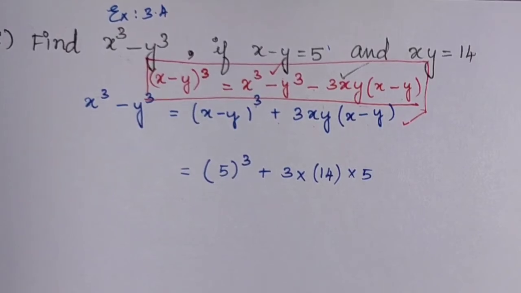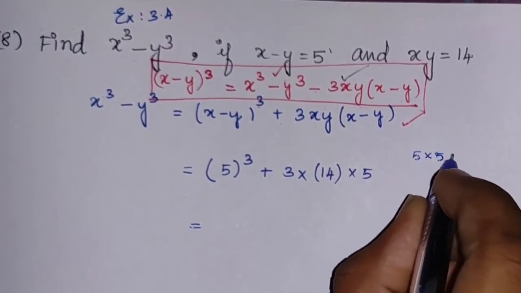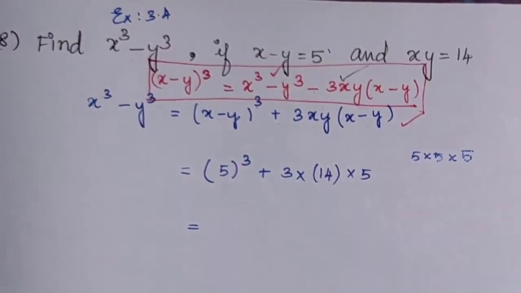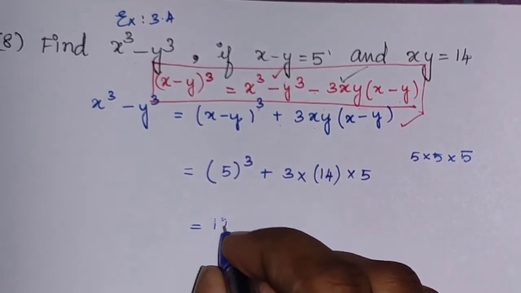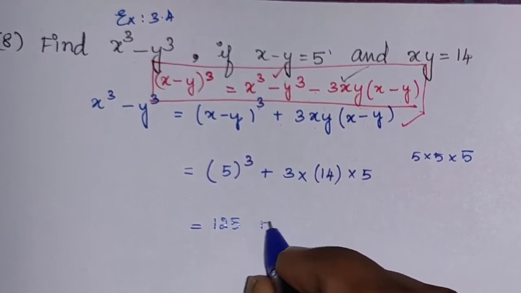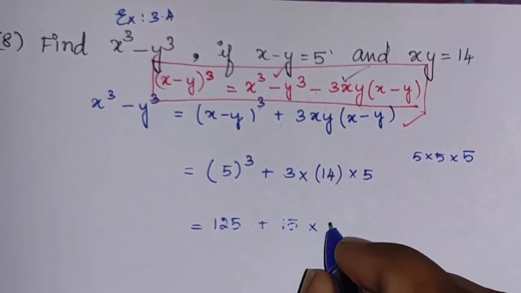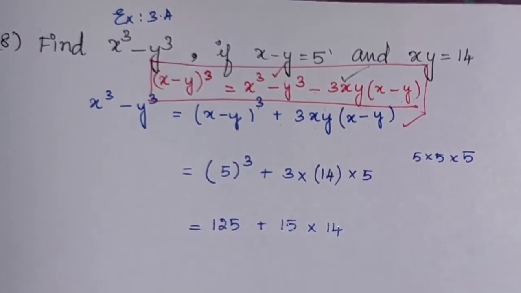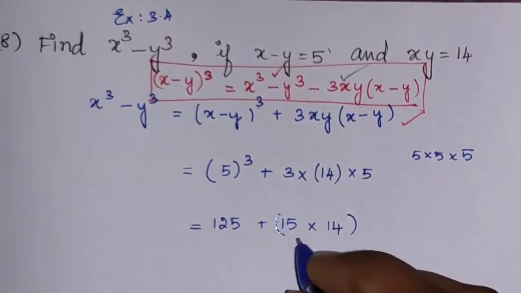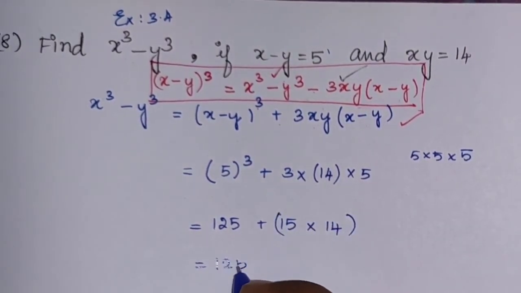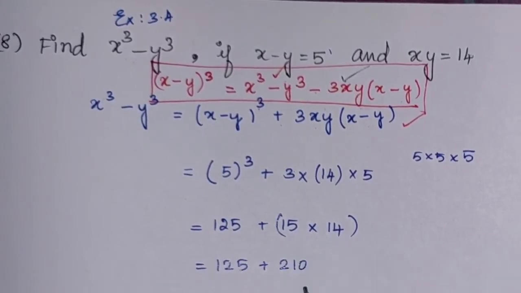Okay, so 5 cube is equal to 5 into 5 into 5. So 5 into 5 into 5 is 125 plus 3 5s are 15, 15 into 14. So 125 plus 15 into 14, which is 210.